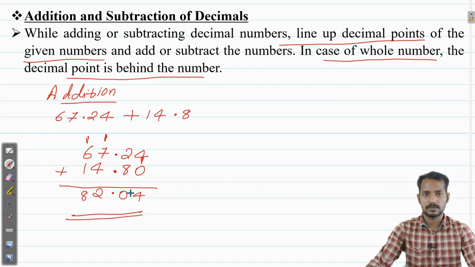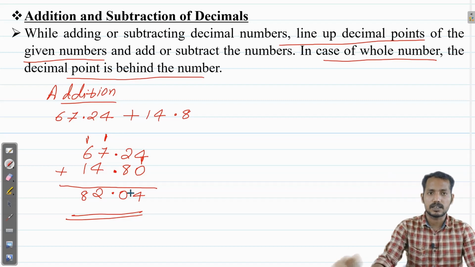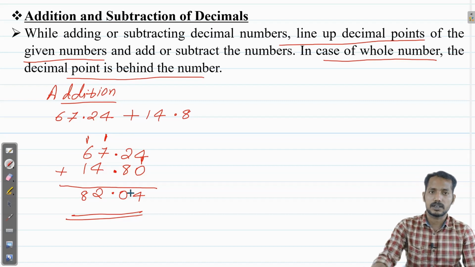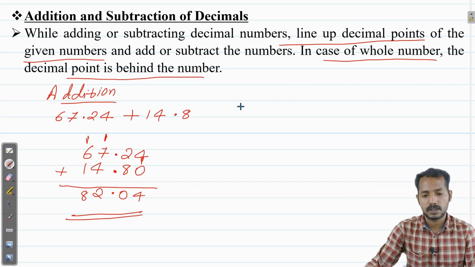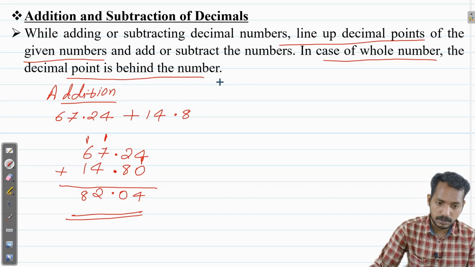Very simple: just line up the decimal points and add as whole numbers. And where the decimal point comes, keep that decimal point itself. Never shift the decimal point towards the left or right while adding or subtracting decimal numbers. Now, in the case of subtraction, let's discuss one example for subtraction also.